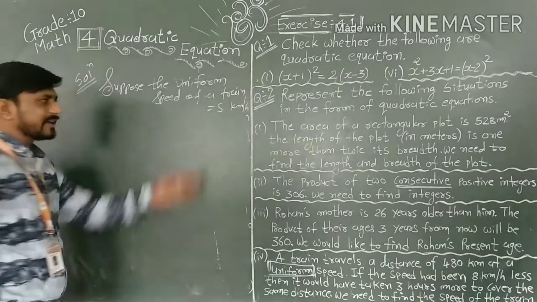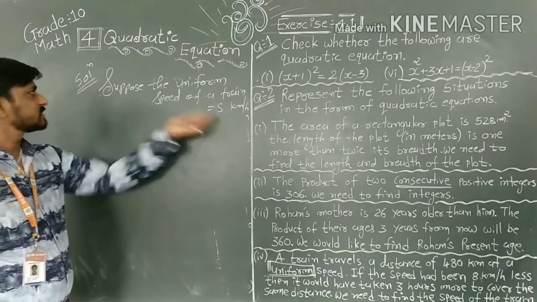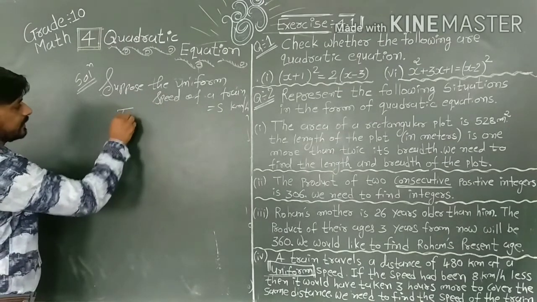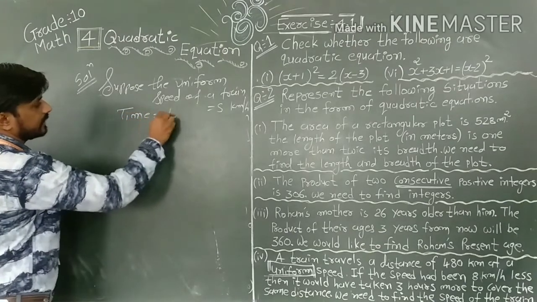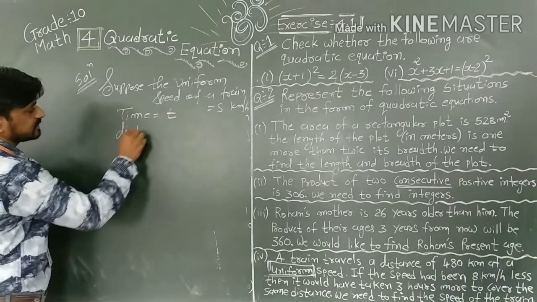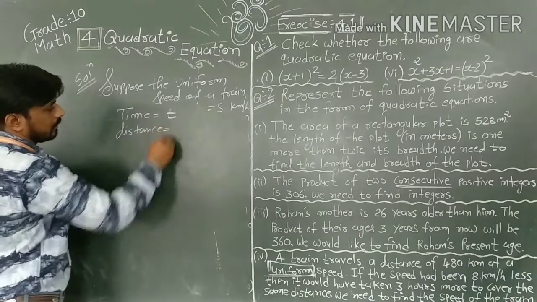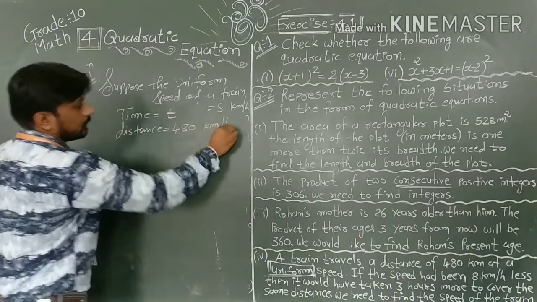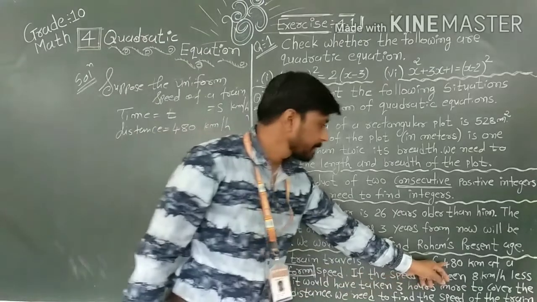Also you can take x variable, but I write s for speed. Take time is equal to t. And what is the distance? Distance is already given, 480 kilometer. Okay, this is the distance.